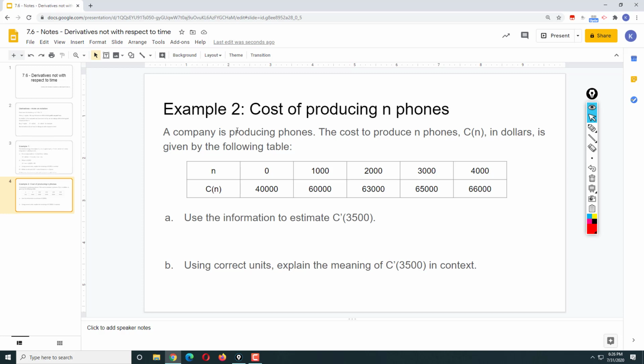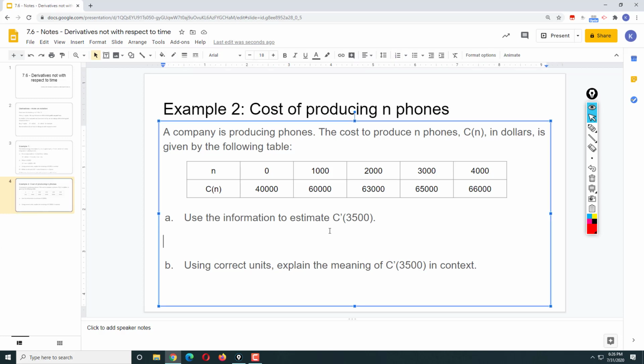Part A. Use the information to estimate C prime of 3,500. We learned this from lesson 7.2. We can approximate using average rate of change. So C prime of 3,500 is approximately C of 4,000 minus C of 3,000 divided by 4,000 minus 3,000.